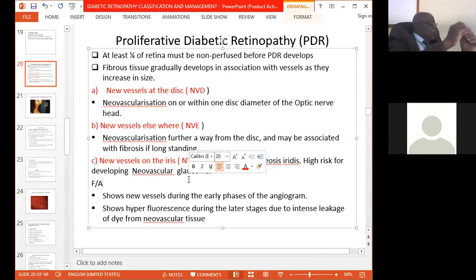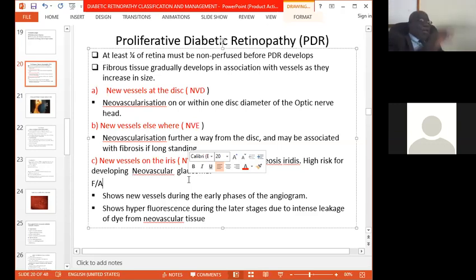These will be small capillaries growing off. If you find small capillaries growing on the disc, it's neovascularization, because in a normal disc you don't find vessels on the actual disc. It's a white area. What you're worried about is capping or not capped.